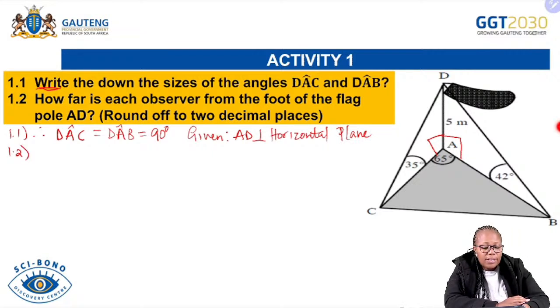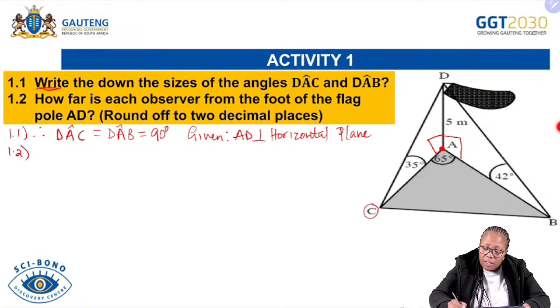How far is each observer from the foot of the pole? When you talk foot of the pole, grade 12, we are talking about this point A here. Remember, our observers are observer C and observer B. If they say how far is each observer from the foot of the pole AD, you round off your answer to 2 decimal places.